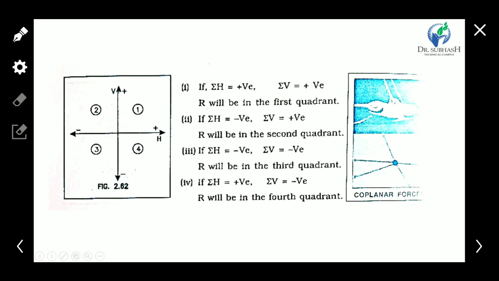Here we already discussed two methods to find the resultant, parallelogram law of forces and triangle law of forces, but these are applicable only when there are two forces. If the forces are more than two, then the parallelogram law and triangle law of forces are not applicable. Only the polygon law of forces and the resolution law of forces are applicable to find the resultant.